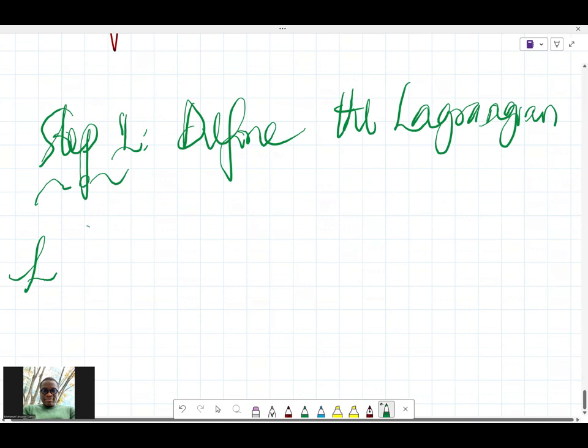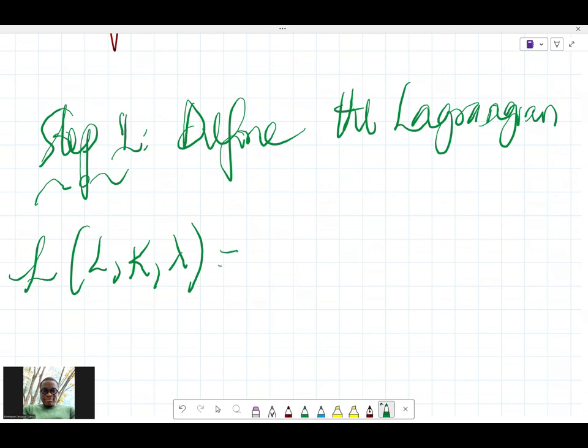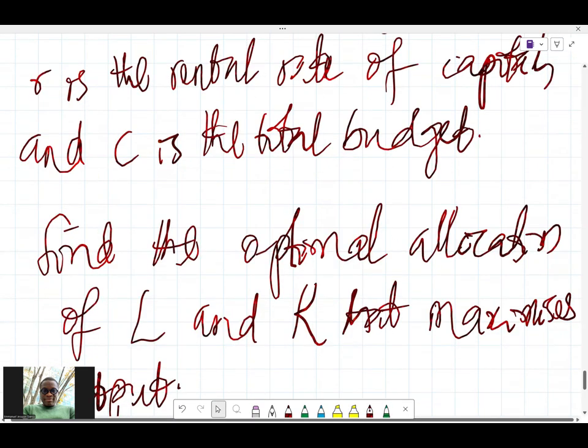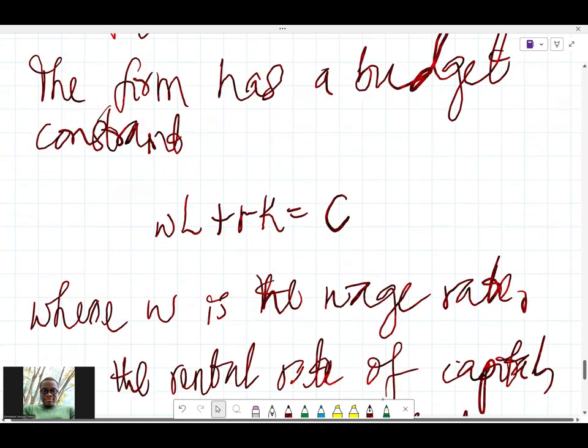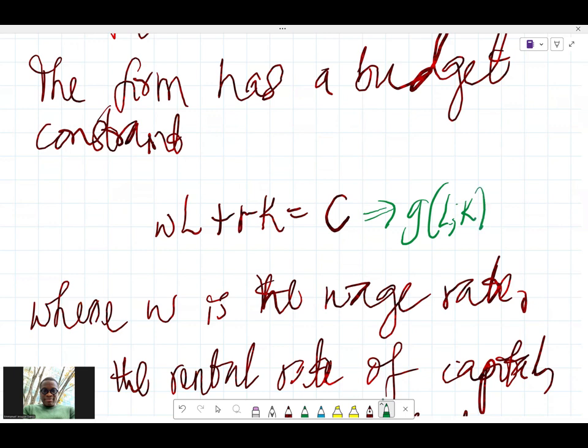The Lagrangian in this case is a function of the labor, the capital, and the Lagrangian multiplier, which is equal to the objective function, f of L comma K, plus lambda times the constraint. We can call this constraint g of L comma K, which is WL plus RK minus C equals 0.